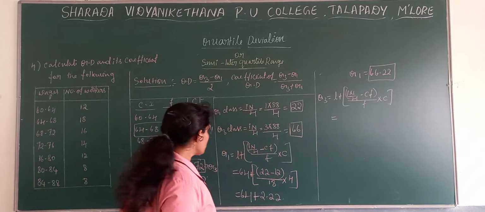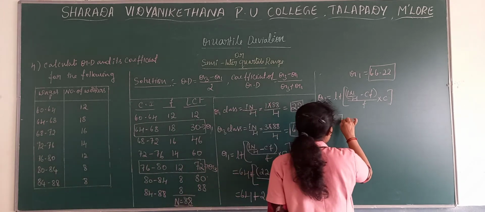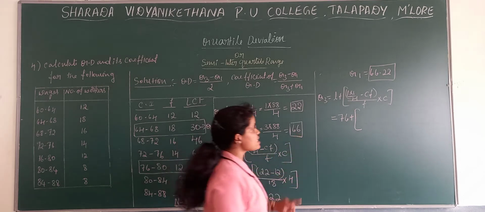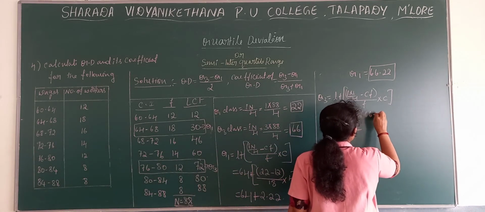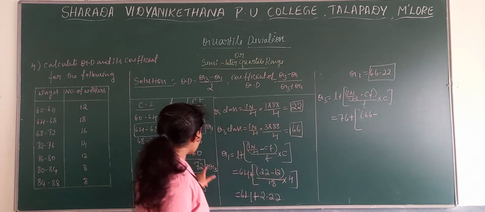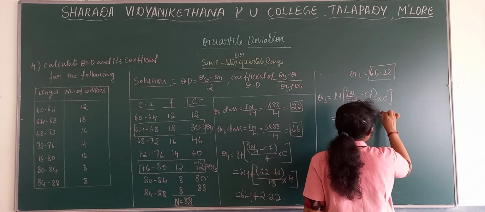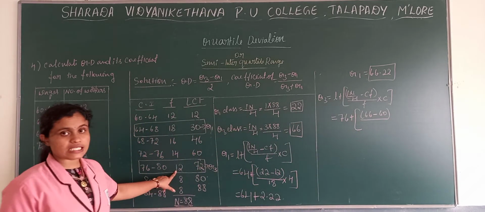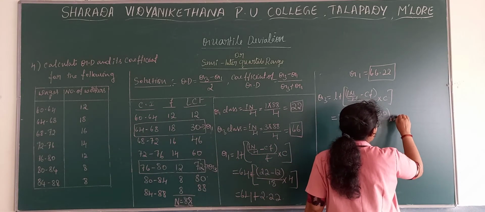Now see there, Q3 class: 76 plus 3N by 4 is 66, minus Cf, the cumulative frequency preceding that class, 60, divided by the frequency of that class, 12, and width is 4.